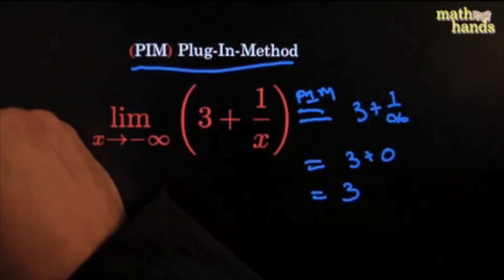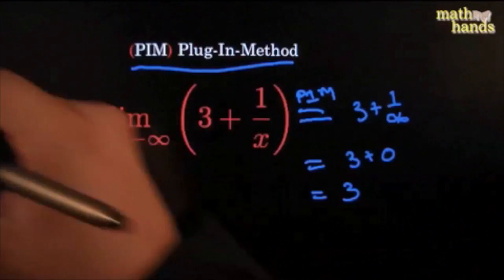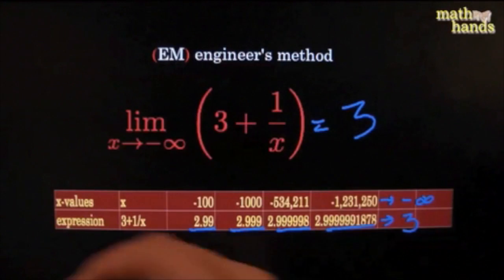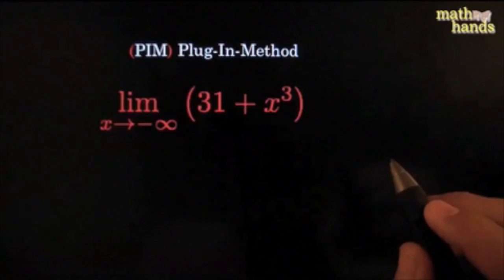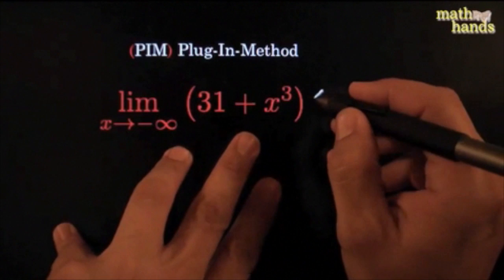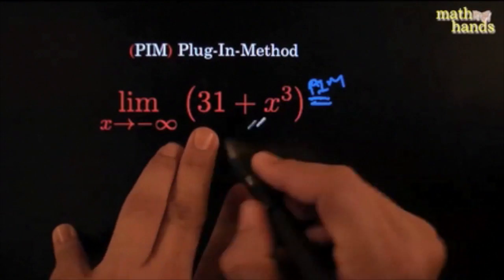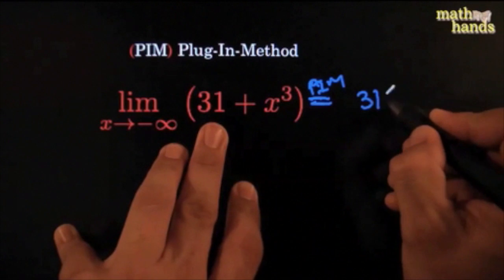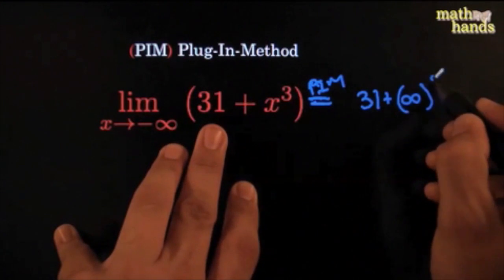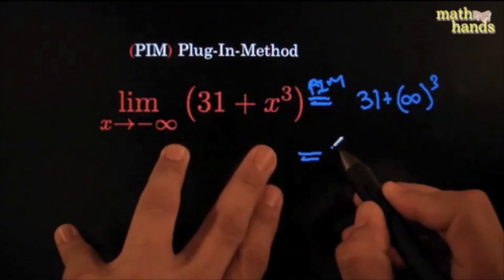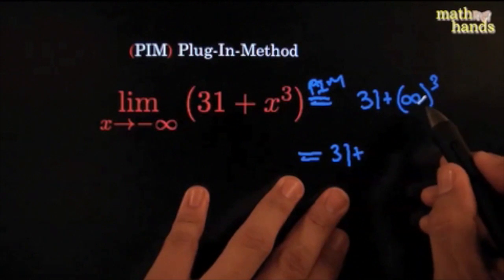And you may be wondering, well, then why in the world do we bother with this kind of stuff, the engineer's method? Well, here, try the plug-in method again. Plugging in, it would be 31 plus infinity to the third. Then you have to think, is that something that we can do? Infinity times infinity times infinity.